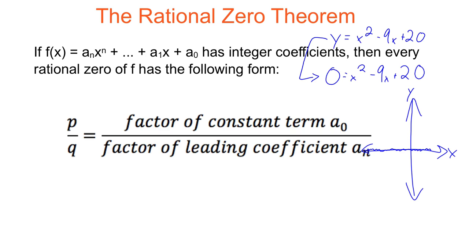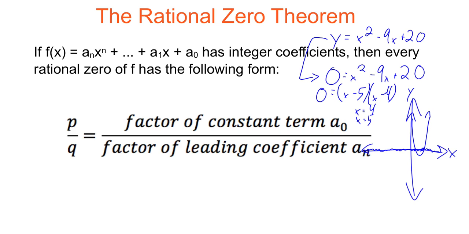So every point on this x-axis, y is going to be 0. So if I made y 0, I'm saying, where is this function going to hit the x-axis? Here we get x minus 5, x minus 4, so x is going to be equal to 4 and x is going to be equal to 5. I have a parabola that crosses the x-axis there at 4 and 5. That's all we're saying, and that's all we've done so far.